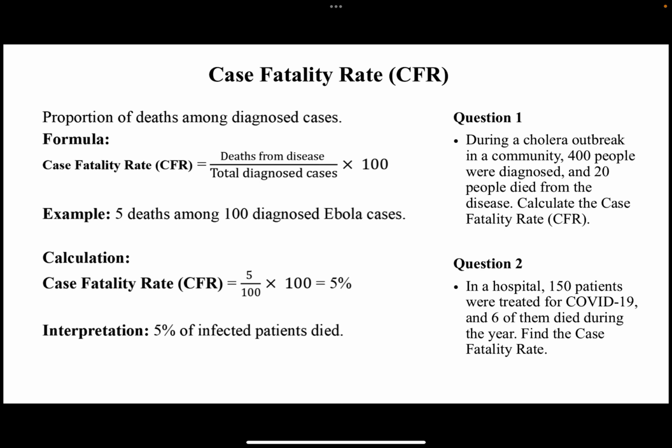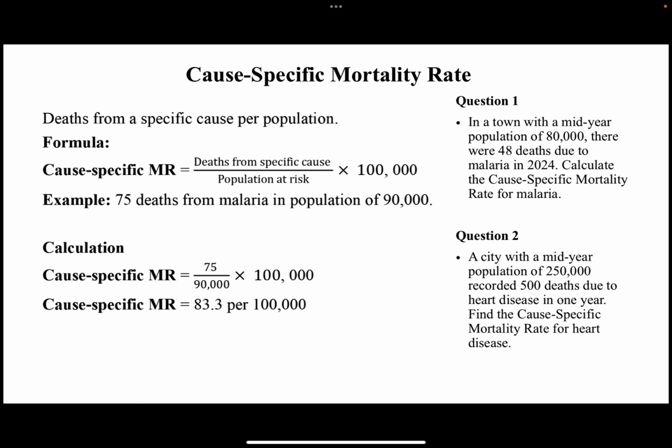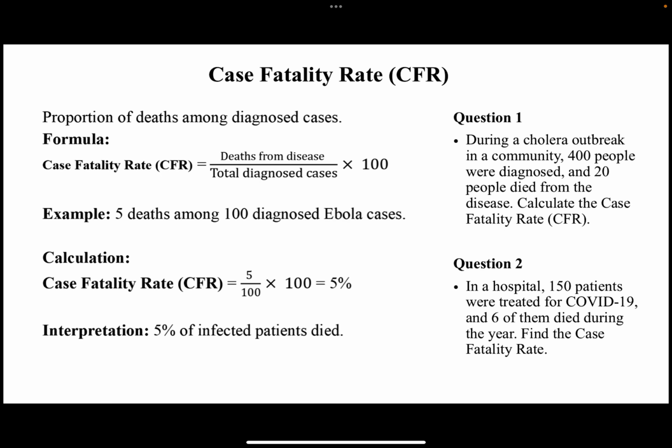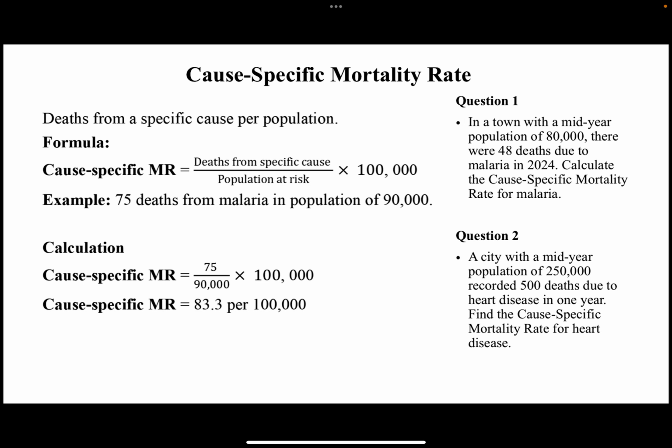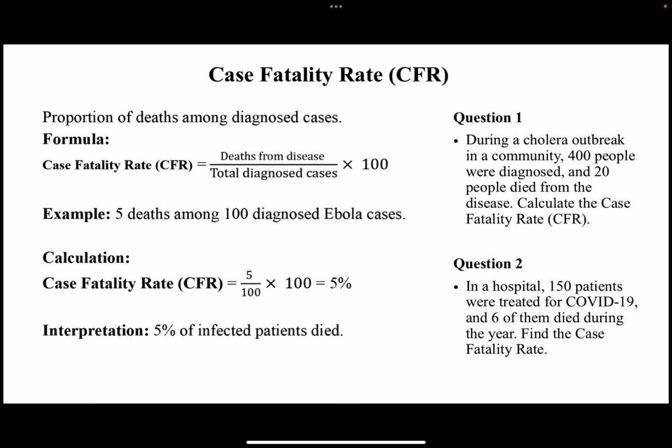Cause-specific mortality is the proportion of death from a specific cause among the population at risk, not those who have been diagnosed. But with the case fatality rate, you use the diagnosed cases within the population as the denominator, not the entire population at risk.